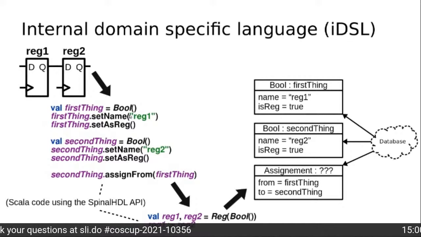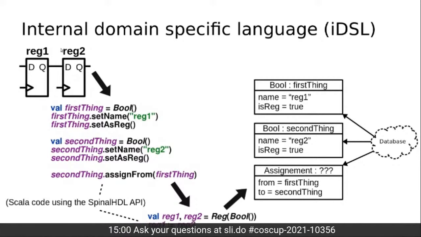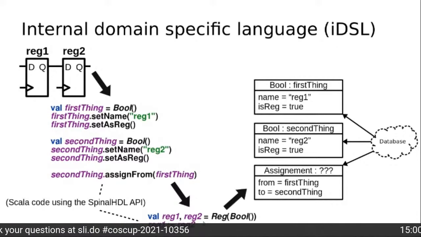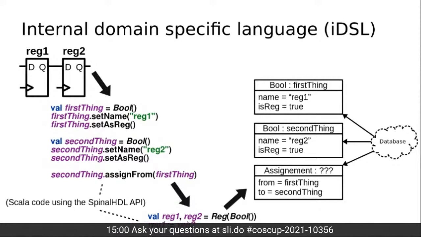It is quite verbose, so here is an example of a smooth API that you can also use. Basically, one concept in internal domain-specific languages is to use a lot of makeup to make things smooth. So you can say, okay, I want reg1 and reg2 as registers of the Boolean type. Then I want to assign reg2 from reg1, and so on.